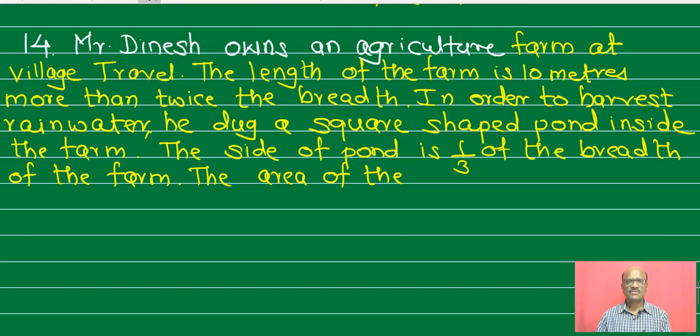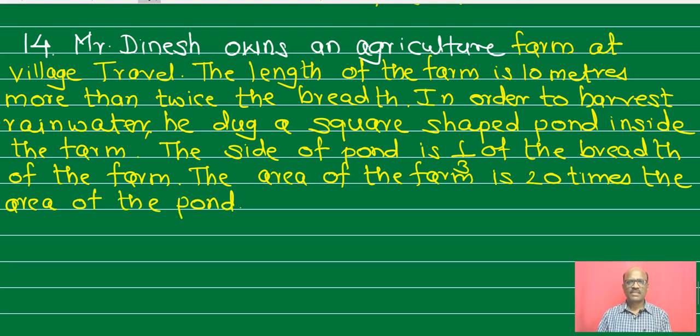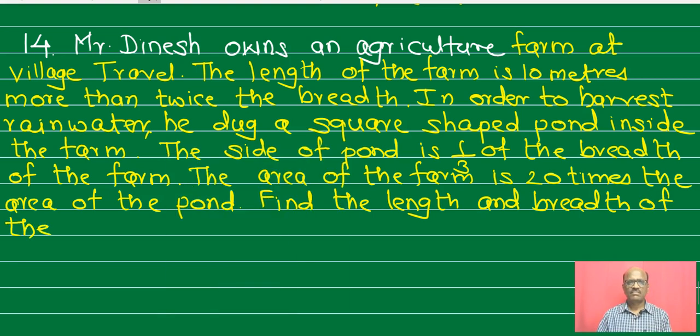The area of farm is 20 times the area of pond. Find the length and breadth of the farm.